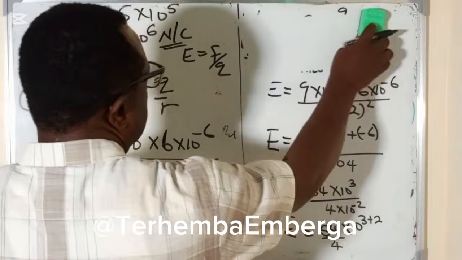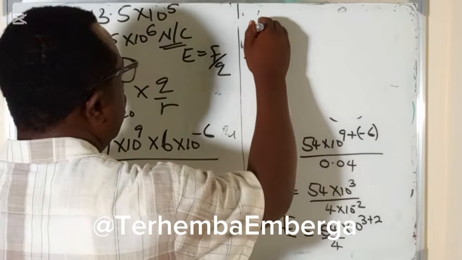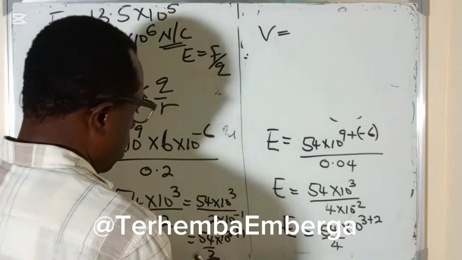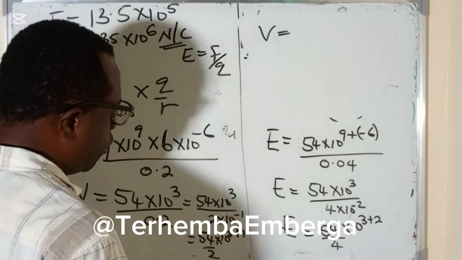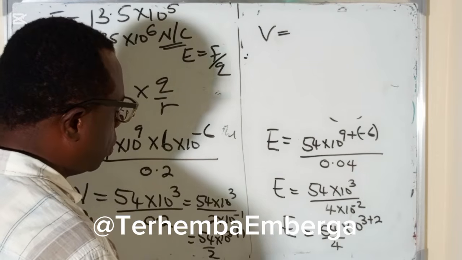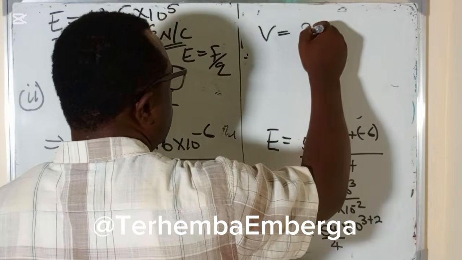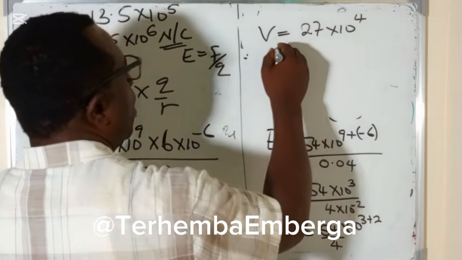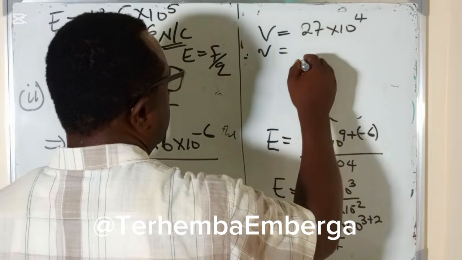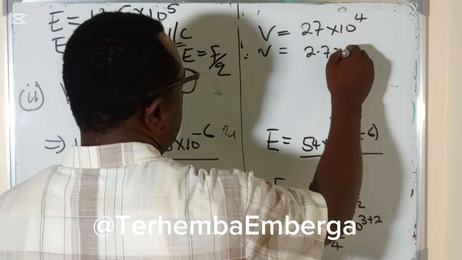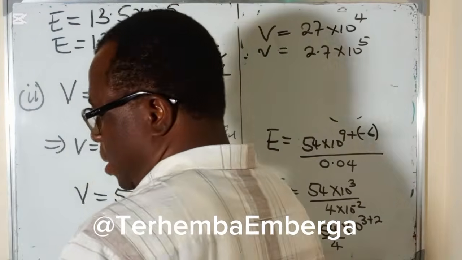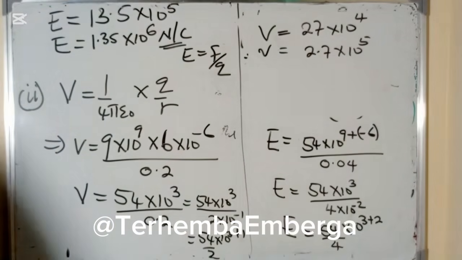So we can say that V is equal to, 2 into 54 will give us 27. Is that right? 27 times 10 raised to power 4, which you can write as 2.7 times 10 raised to power 5. Is that right? 2.7 times 10 raised to power 5.